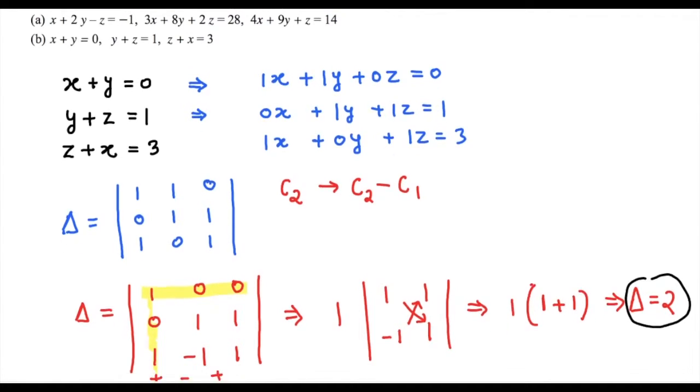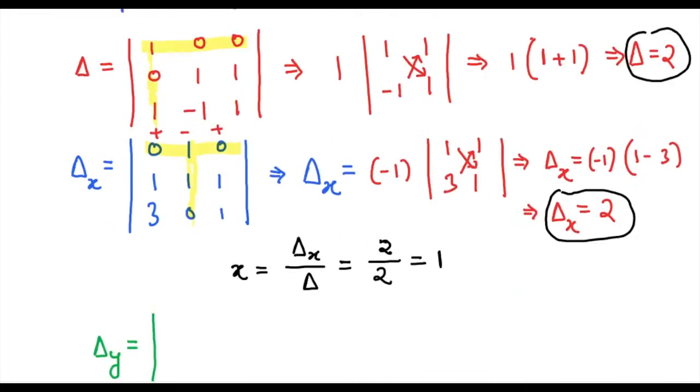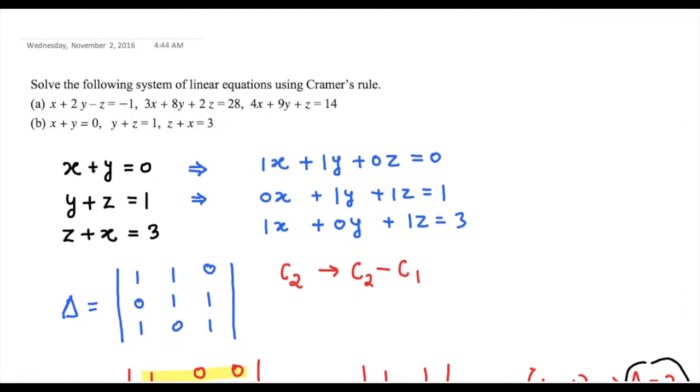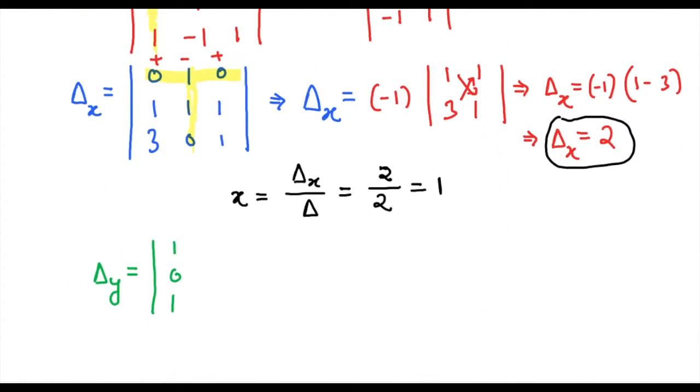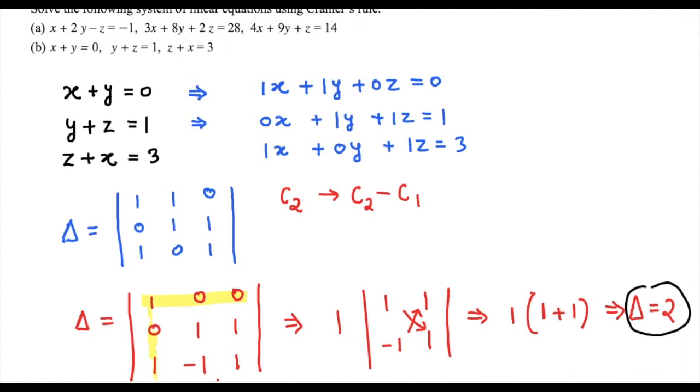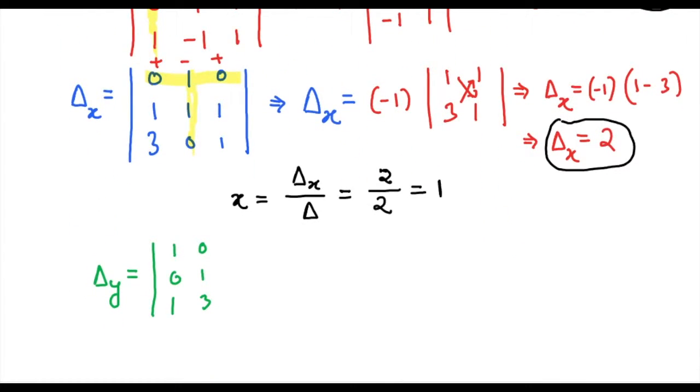First is x as it is, 1 0 1, and in place of y we put 0 1 3, and in place of z we put 0 1 1. So you got the magical row. The first row is a magical row.